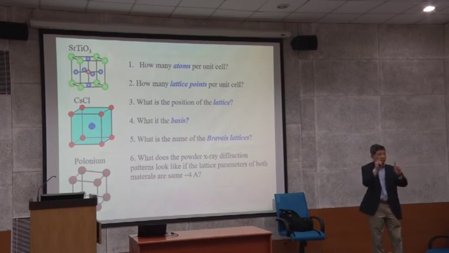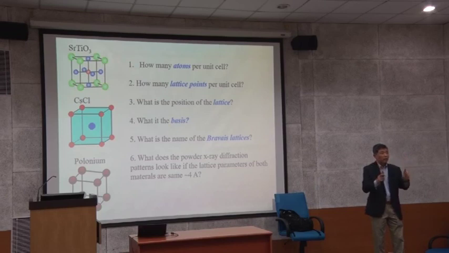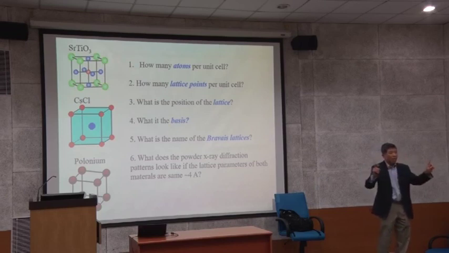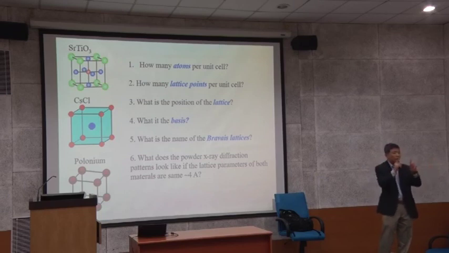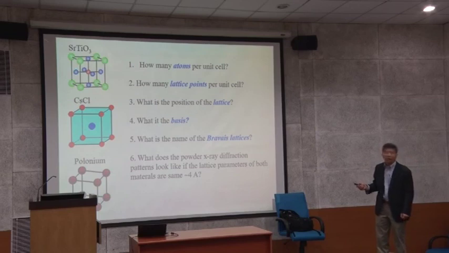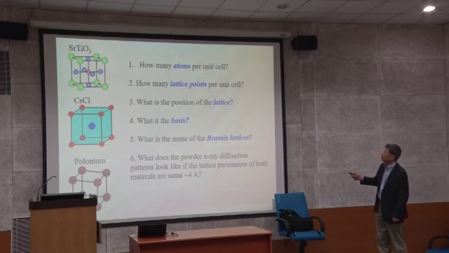The only difference is intensity. The intensities are different, but the atomic positions are the same and the number of peaks is exactly the same, except the intensity ratios differ, because intensity comes from what type of atoms are in the unit cell. So how many atoms per unit cell do these three have? How many unit cells do you have?